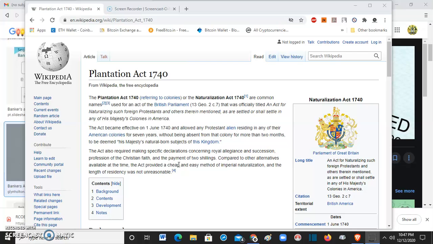Residing in any of their American colonies for 7 years without being absent from that colony. So it's always 7 years, 7 years for you to clear your record. According to the Systematizing Trust, you have 7 years to claim your estate.